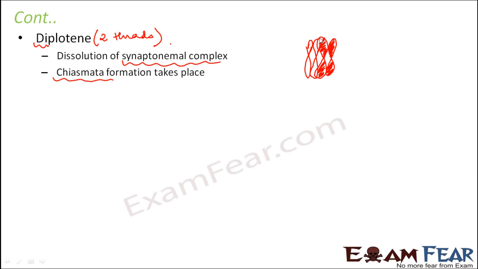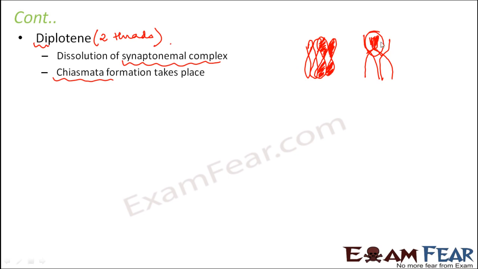These regions are basically egg-shaped regions. This is how it actually looks. That egg-shaped region is called chiasmata, which has already recombined some properties.